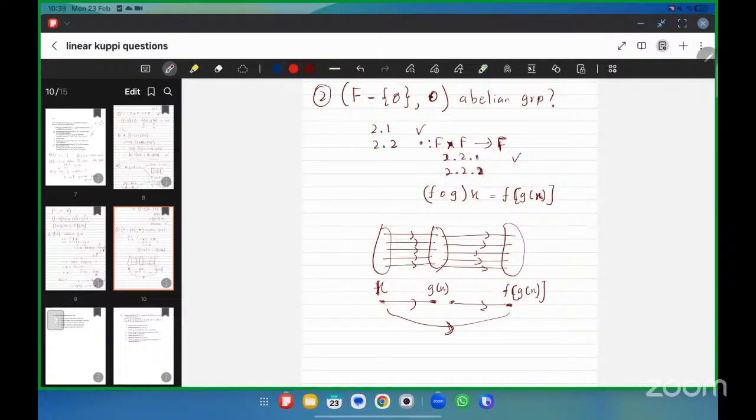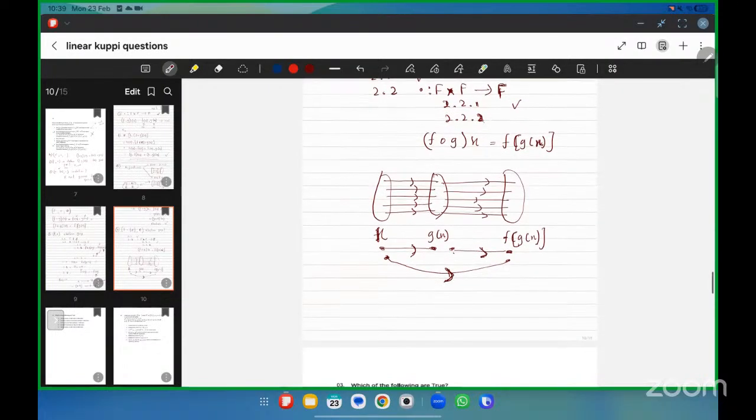So every x is connected to gx, and second thing is every gx is connected to every f of gx, and we can tell that every x is connected to every f of gx. So I'm bypassing this one.